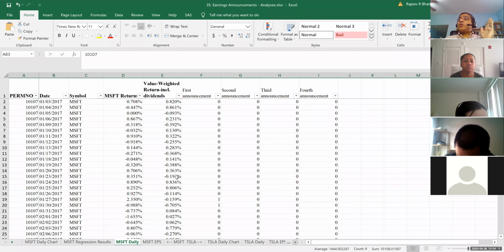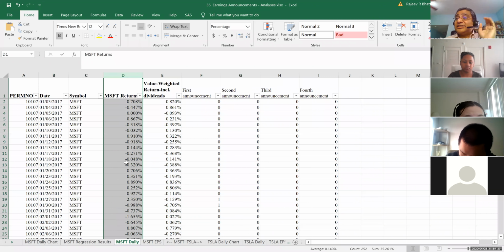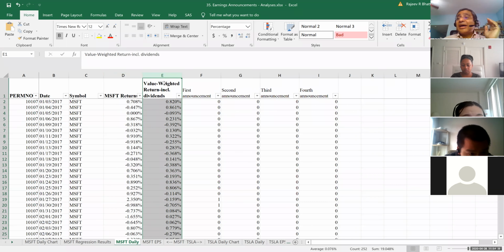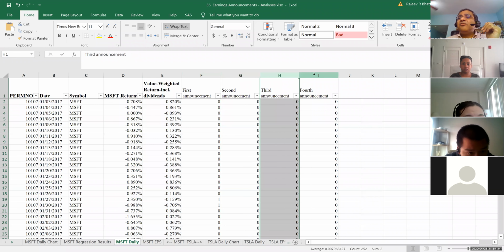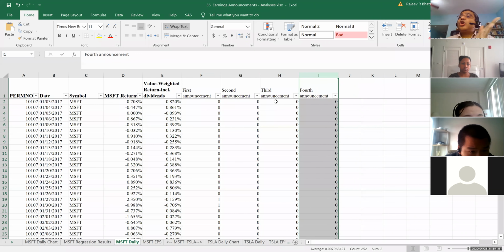Now we're going to do a regression where the left-hand side, the regressand, is the daily return of the security in question, Microsoft. We control for the market movement by including the market return, the value-weighted return including dividends, and we put dummy variables for each of the events whose significance we are testing.